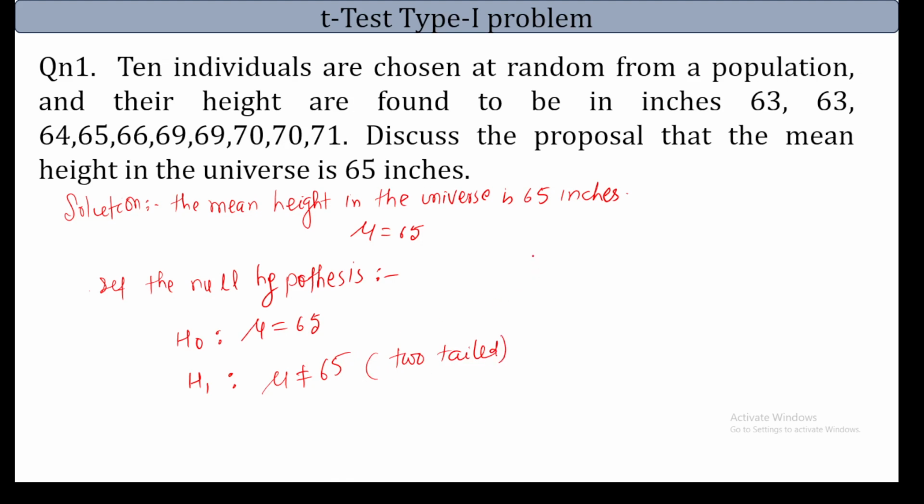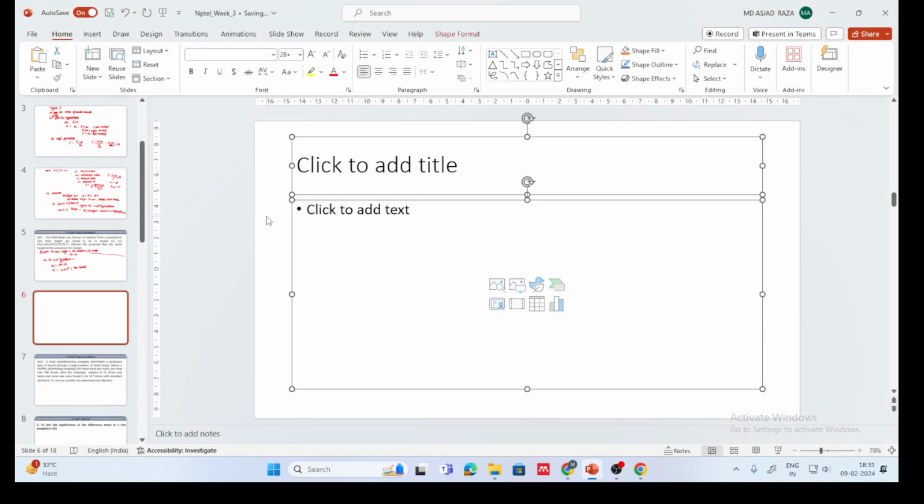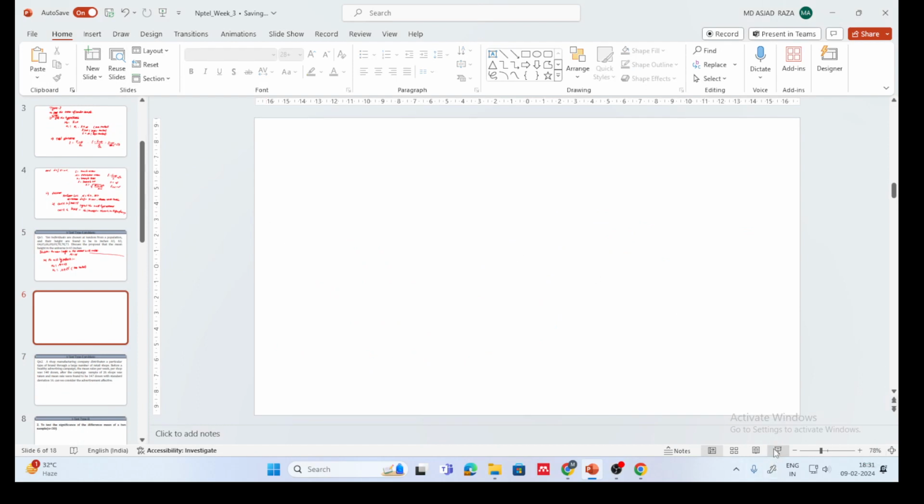Yes, sir. Now we have the data set. We have the data set x. Then we can calculate x minus x bar, then x minus x bar whole square.